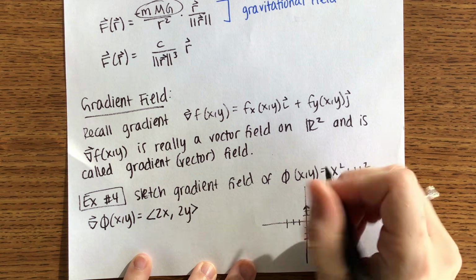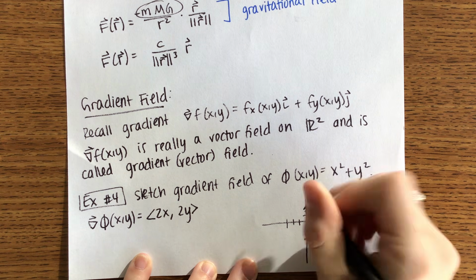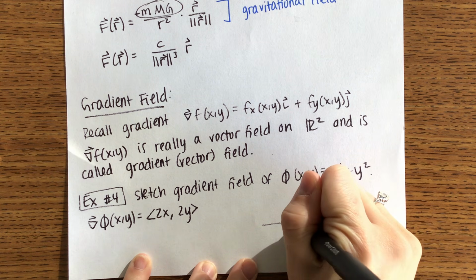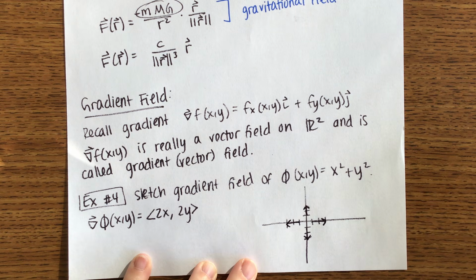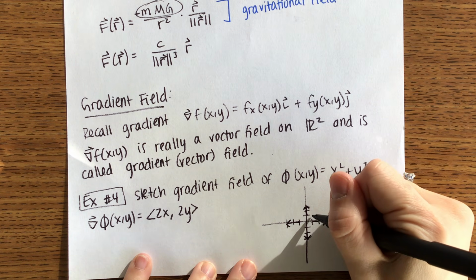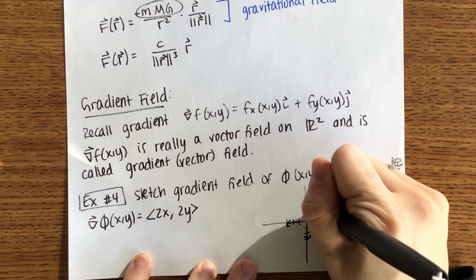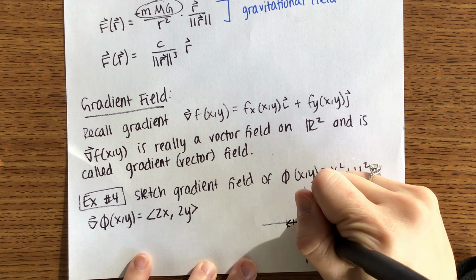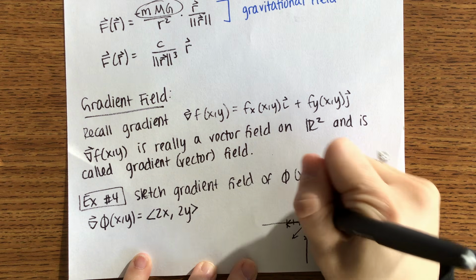If we start at this point, 1, 0, that'll give us 2, 0. Likewise on all of these. If we go to the point 1, 1, it'll give us 2, 2. Same thing up over here.